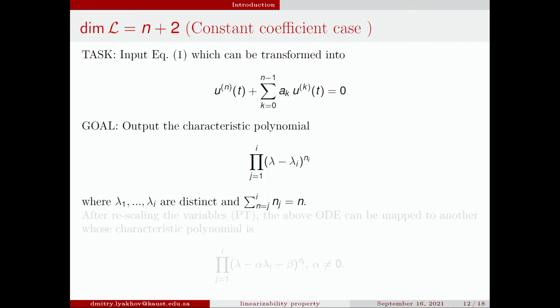And here we write it in the form with distinct roots for this polynomial, with multiplicity n_i. We need to notice that since this is not a trivial case, there are at least 2 distinct roots.